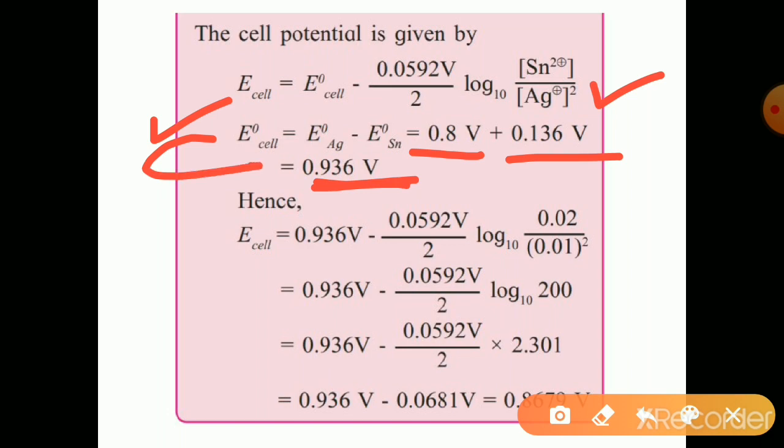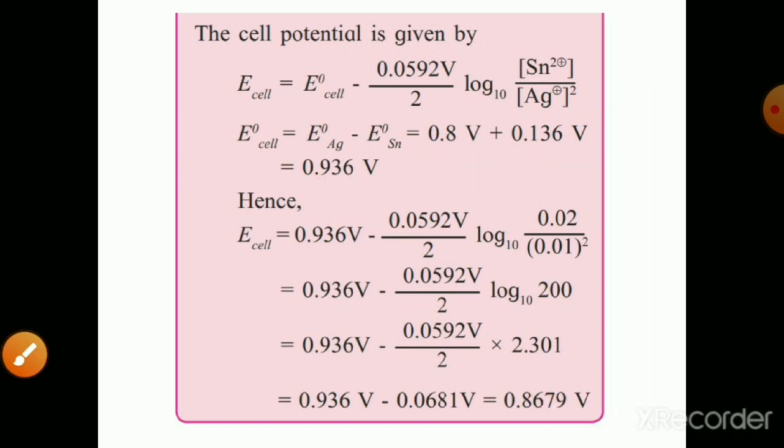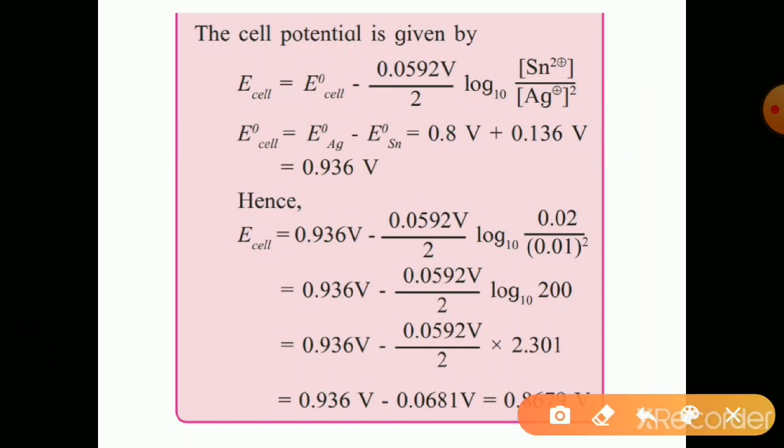So standard cell potential is obtained from the formula E naught of cathode minus E naught of anode. E naught of cathode is 0.8 volt and E naught of anode is minus 0.136. Minus becomes plus. So here the value is 0.936 volt. Hence 0.936 volt is the value of E naught.